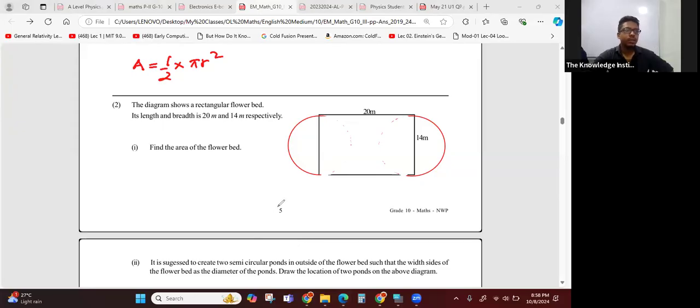Now, in this question, we are supposed to find the area allocated for both the ponds. So this is for the one. Therefore, it's a semicircle, so you take half into the area of a circle, and these two are equal, right? Both diameters are equal. Therefore, the area of this one and this one will be the same.